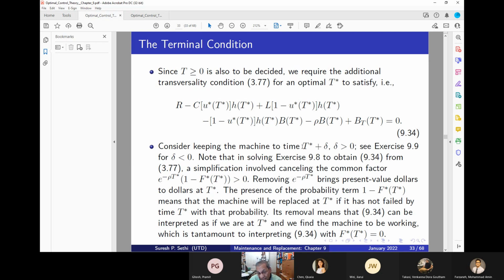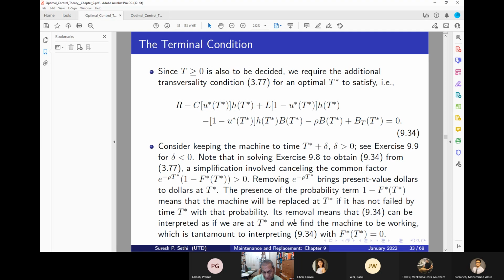And I am at t star, and I'm saying, should I sell the machine now, as the control theory people tell me, or should I wait another delta period of time? So I can do all the calculation at t star to make that decision. I don't have to bring all of those back to 0 to make that decision, because it's going to be the same decision. After all, e to the minus rho t star is positive. So it's going to be the same decision no matter what.